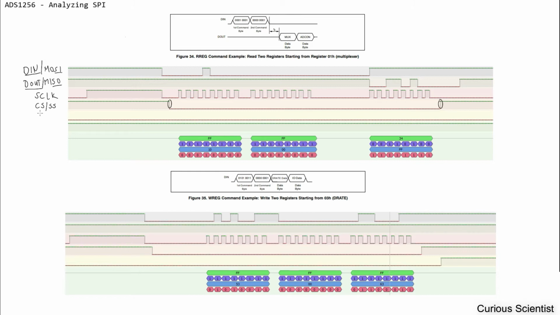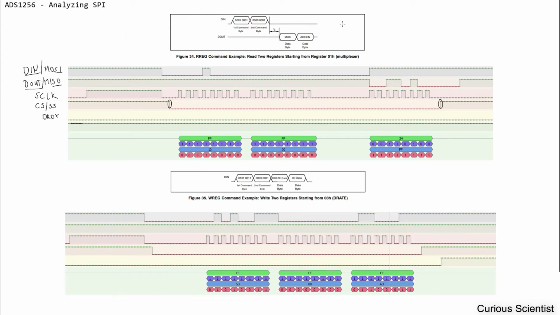And then here we basically just have the data ready pin, and that's all. We neglect this now because I just left it in the software, but we don't do anything about that.